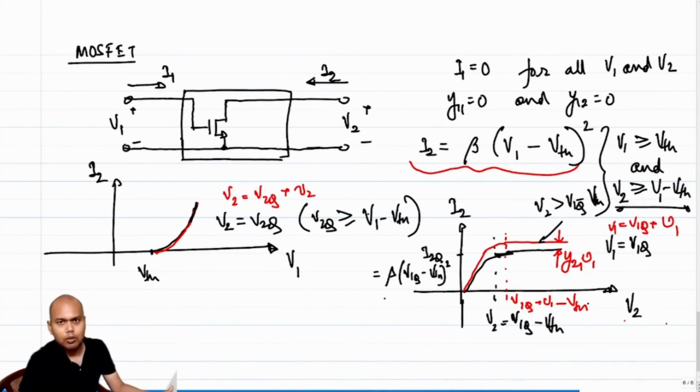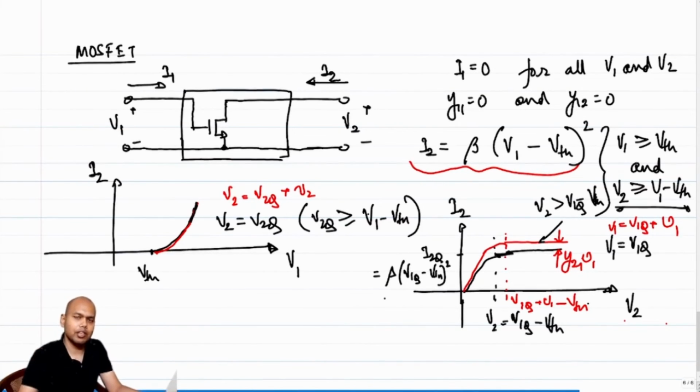In this particular course, we will deal solely with MOSFETs, and from the next lecture onwards, we will concentrate on the operation of a MOSFET under different operating conditions.